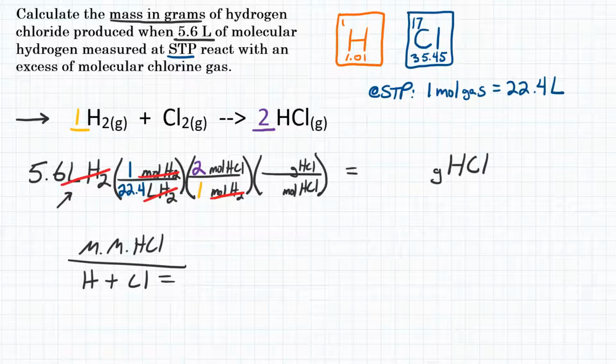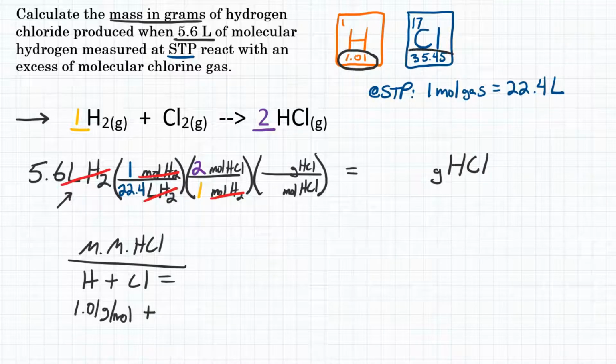Okay, so we'll add those two together, and we get the molar masses from the periodic table. So for element 1, hydrogen, its molar mass is 1.01 grams per mole, plus the molar mass of chlorine.